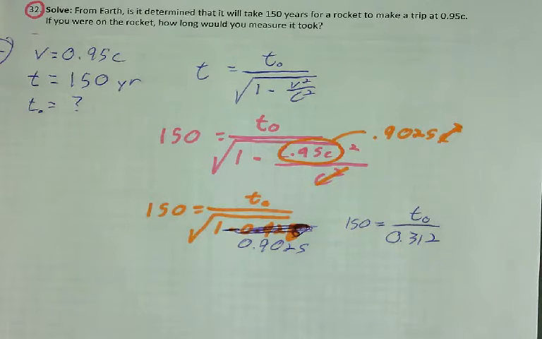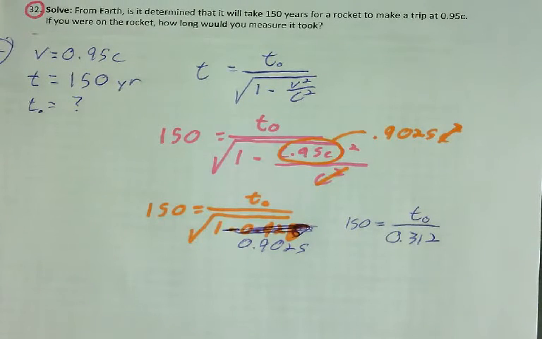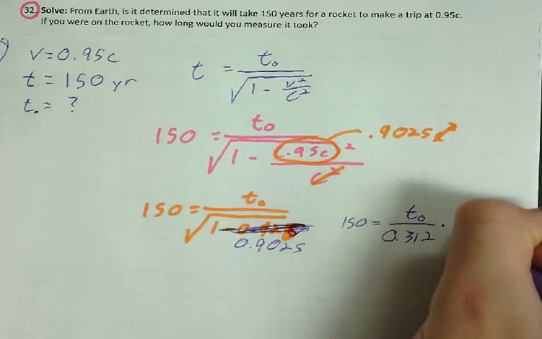As long as you're consistent. I am not rounding, which is why I'm going to 3 decimals. But you can go to 1, 2, or 3 is usually reasonable. All right, it's being divided. The opposite of dividing is multiplying, so I'm going to multiply both sides by 0.312.